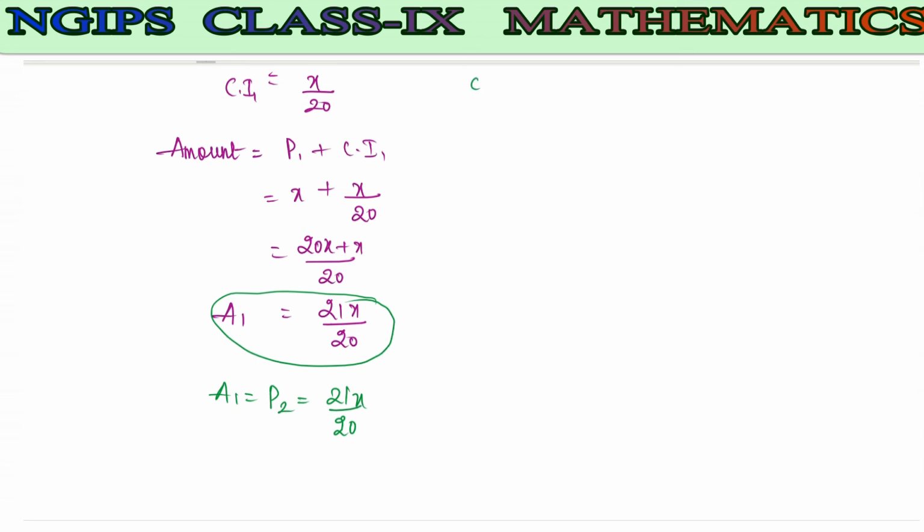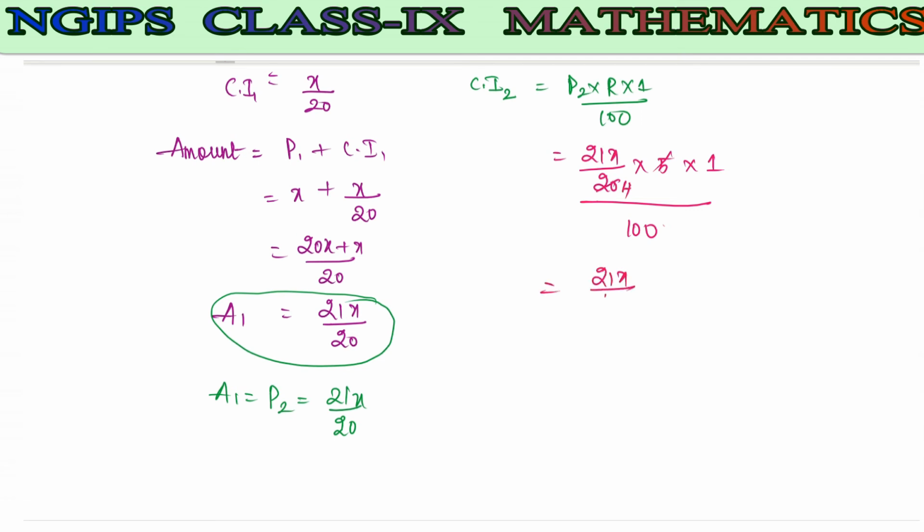Second year compound interest is equal to second year principal into rate into time divided by 100. So here the second year principal is 21x divided by 20 into rate 5 into 1 divided by 100. So 1 5 is 5, 4 5s are 20. So 21x divided by 100.